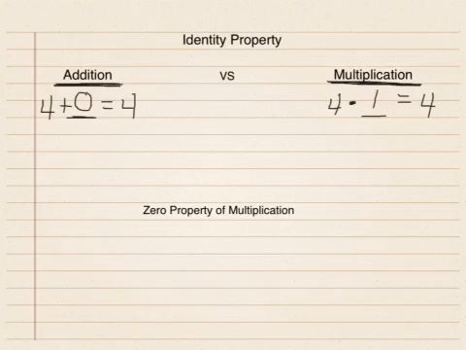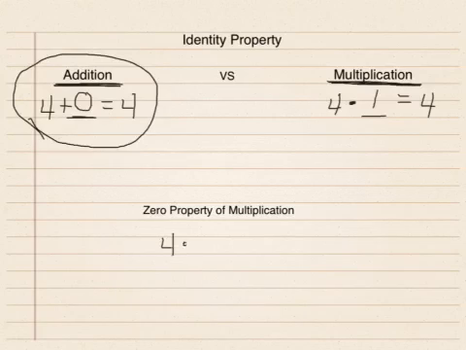There's a big misconception when we look at the identity property and the 0 property, because a lot of times students will think that the 0 property is the identity property for addition, and here's why. What the 0 property of multiplication means is that if I have 4 groups of 0, or 4 times 0, we are left with 0.